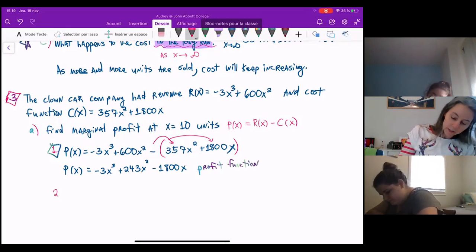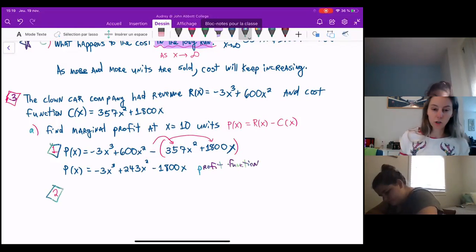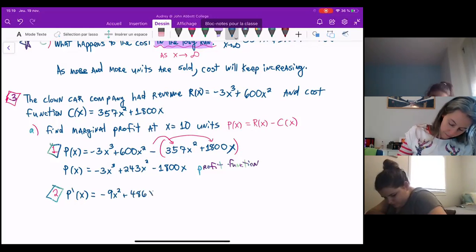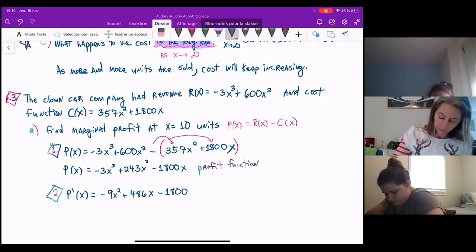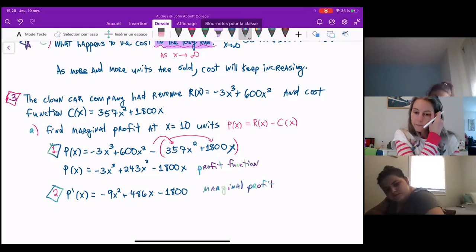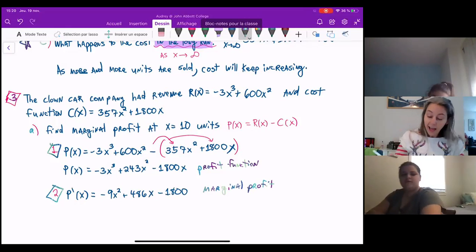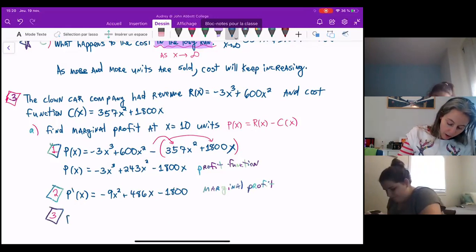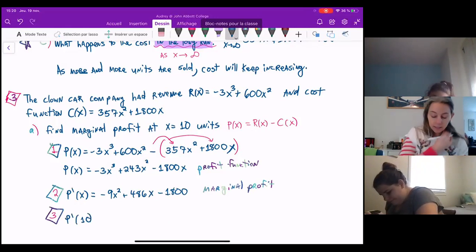So this is my profit function. And then I want to take the derivative of my profit function to find marginal profit. And so this is marginal profit. And then lastly, I plug in the value in question. So P prime of 10 in this case.